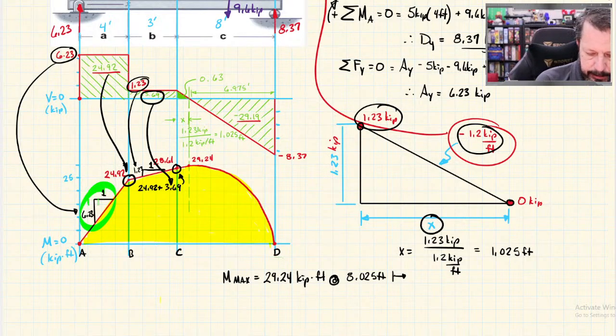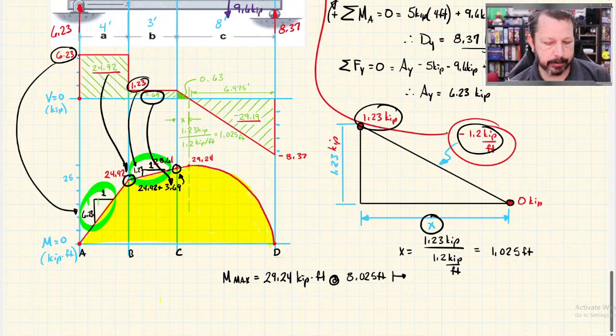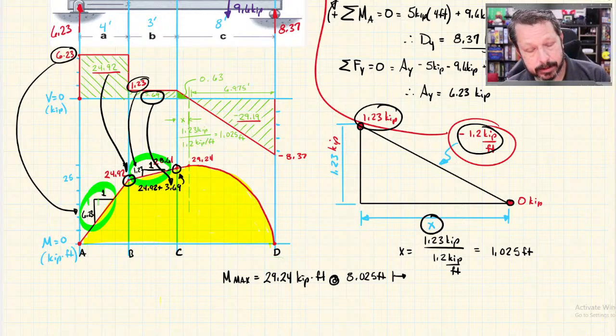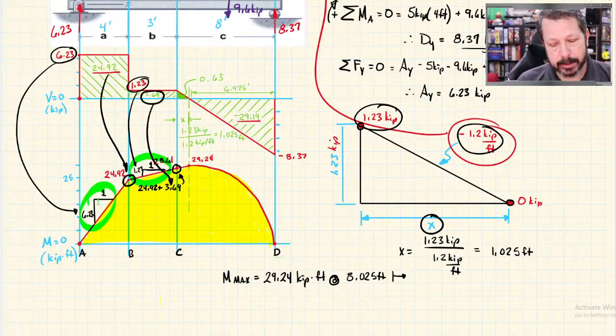And then the section from B to C, right here, the rise is only 1.23, because I have much less shear in that one, so it's not changing the moment as much as the section from A to B with the larger shear value. And the ones that have the changing shear, where the shear is at an angle, like the triangles, those have curves in the moment diagram. Next time we'll talk about how to figure out which way to make the curve.